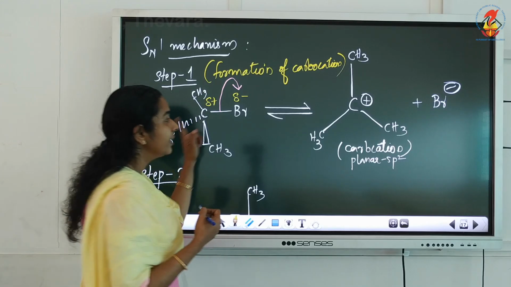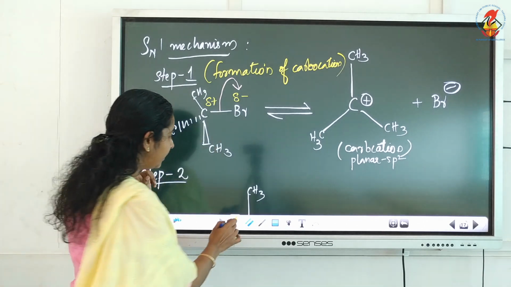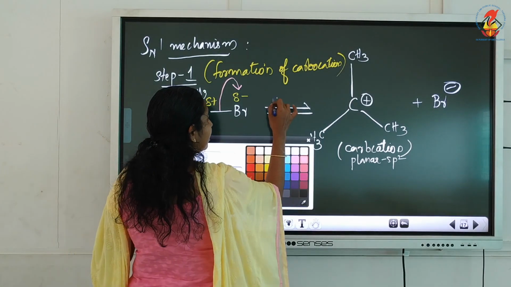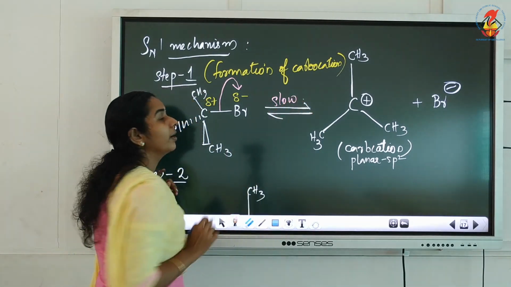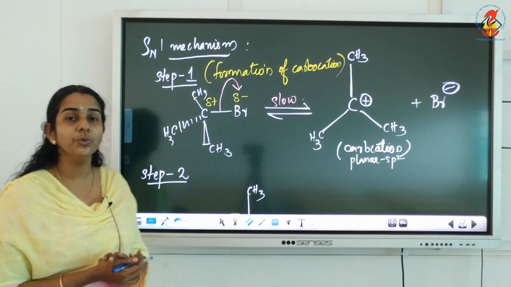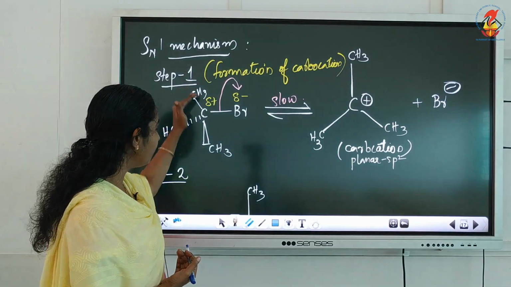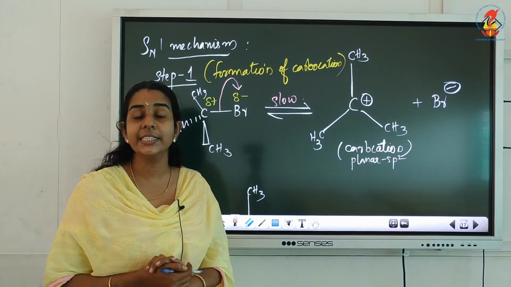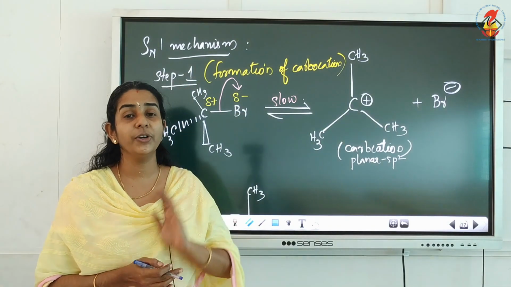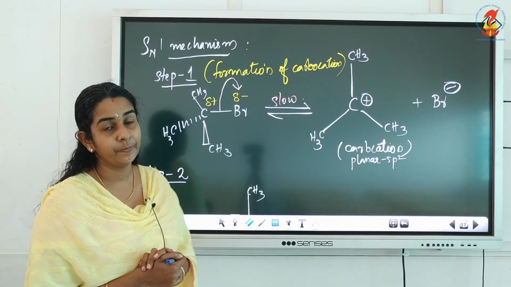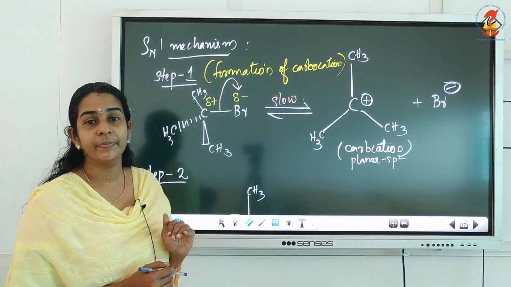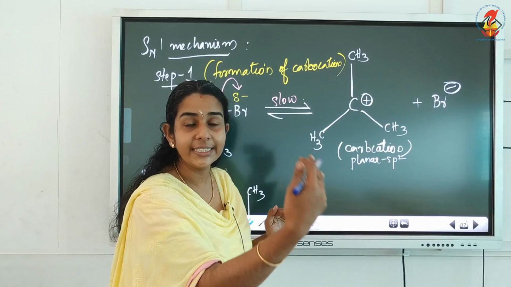And remember, step 1 is reversible and it is the slowest step among step 1 and step 2. Step 1 is the formation of carbocation. So in the first step, X is leaving as X minus.